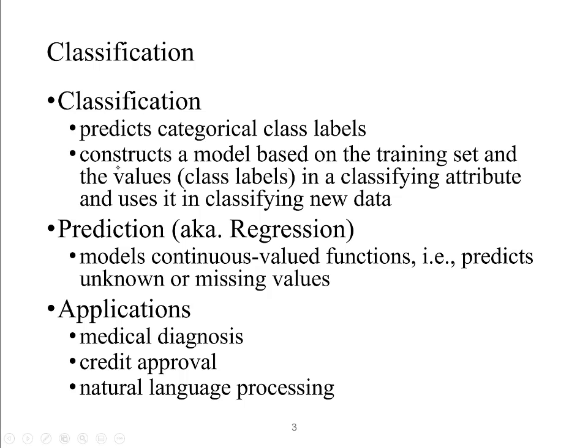So the idea is we construct a model and we use it to classify new data. And in order to construct the model, we will use the training set and the class labels.